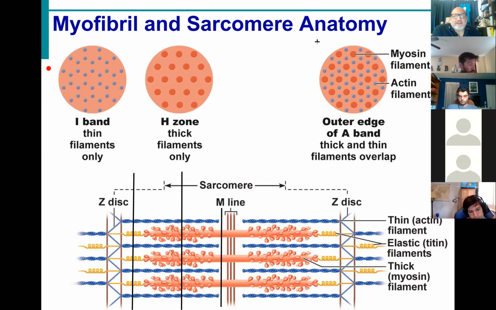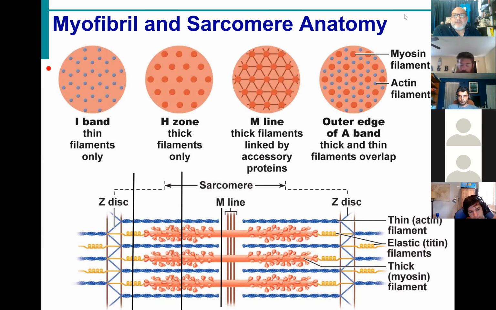And if I took a section right through smack dab of the center, the M line, I would see the myosin and the actin interlocking with each other. These proteins really are this precise. Notice our illustration does a nice job of showing this.